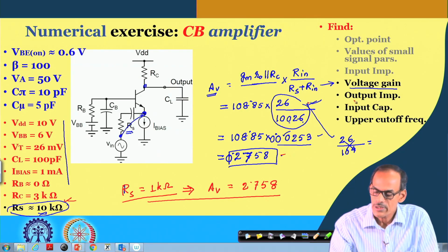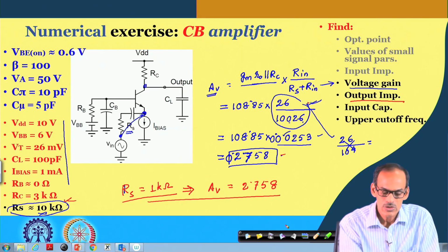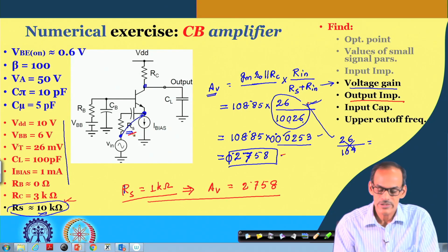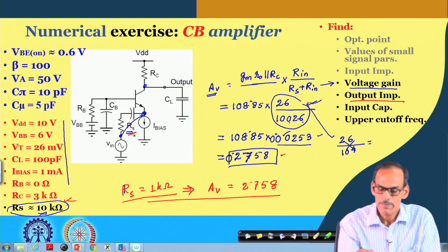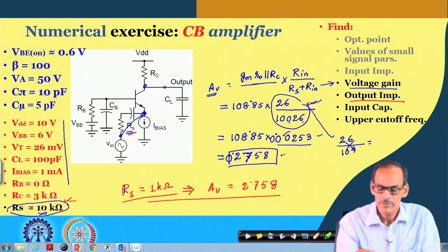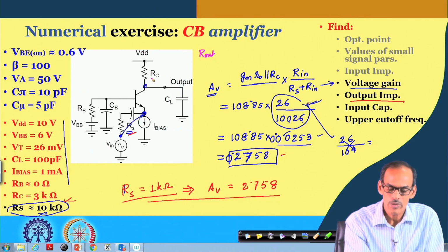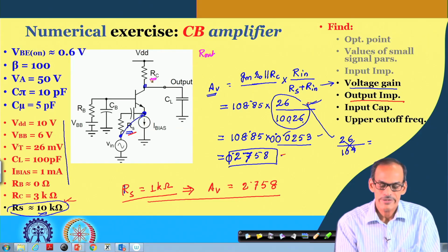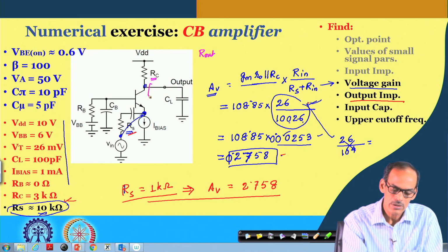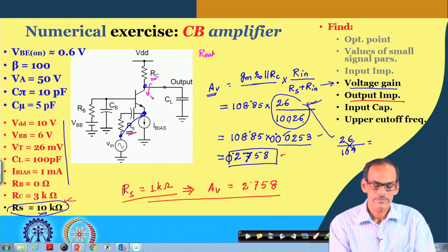Now, what is the effect on the output impedance on the other hand? Since we are considering the finite resistance R s, let me use a different color to explain that. Output resistance, if I see, has two components. One is R c and the resistance coming from the active part.